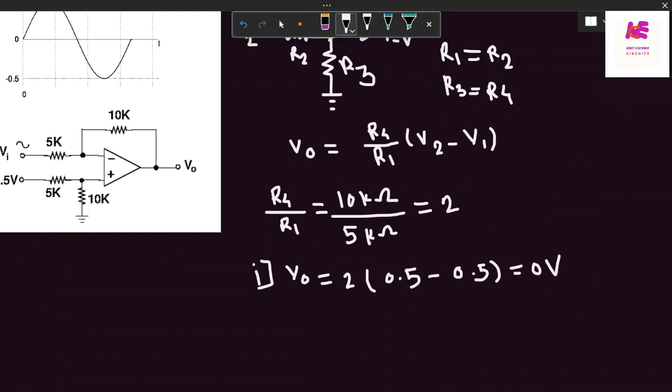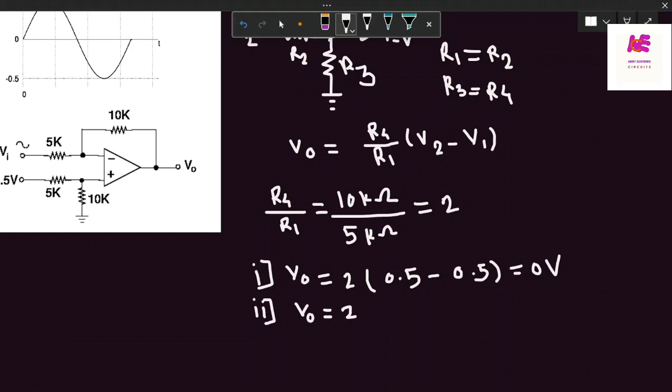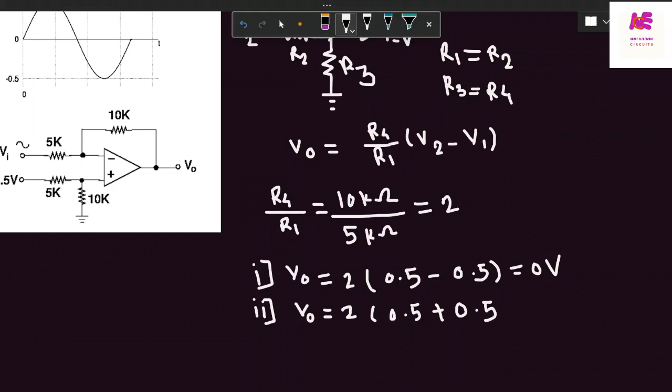So for the positive half sinusoidal input, I am getting output 0 volt. Second case: now consider the negative half cycle. R4 by R1 is 2. The V2 value is fixed at 0.5, minus the negative half cycle value of minus 0.5. Minus minus gives plus, so 0.5 plus 0.5 is 1, and 2 times 1 gives 2 volt.